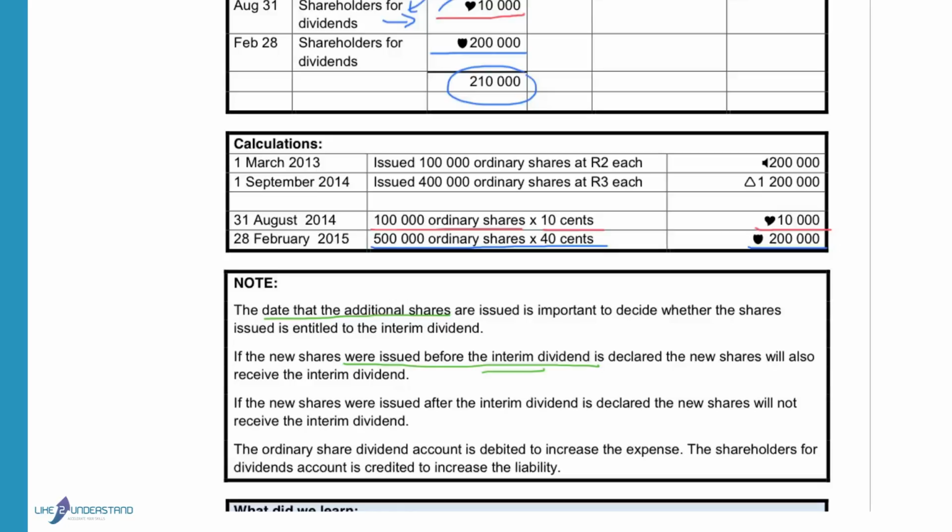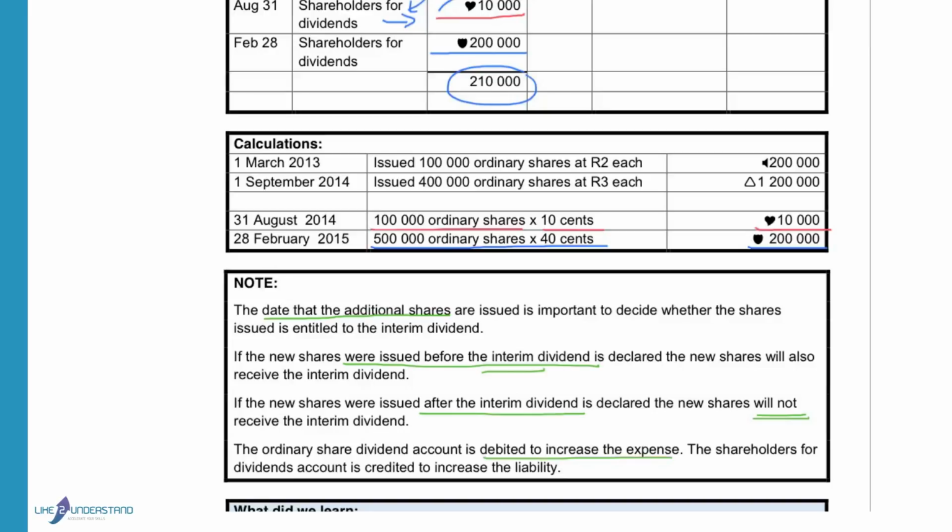If the new shares were issued after the interim dividend was declared, then the new shares will not receive the dividend because they didn't have these shares at the date that this interim dividend was declared. The ordinary share dividend account is debited to increase the expense.